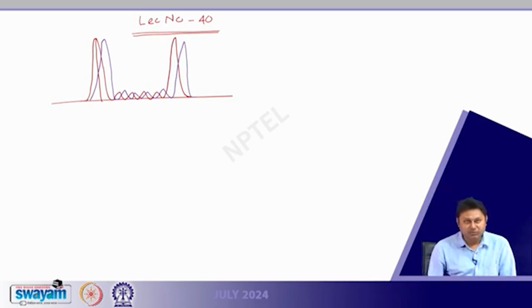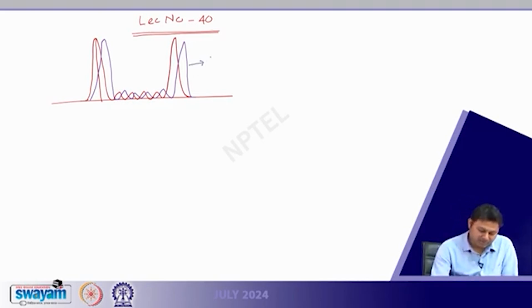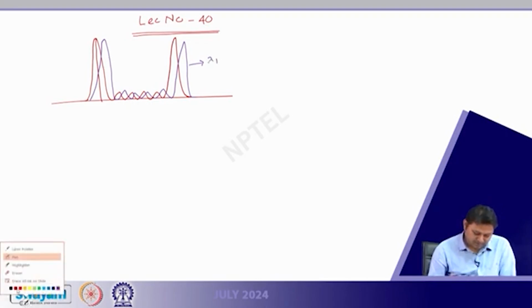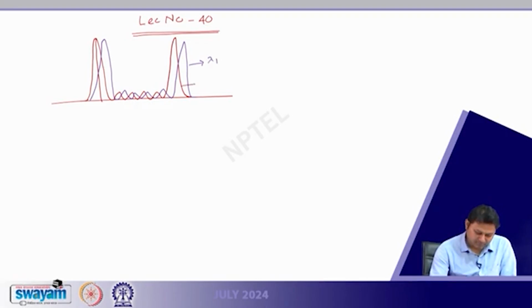So these two spectra are for two different wavelengths. This color is for one wavelength, say lambda 1, and the other is for another wavelength, lambda 2.